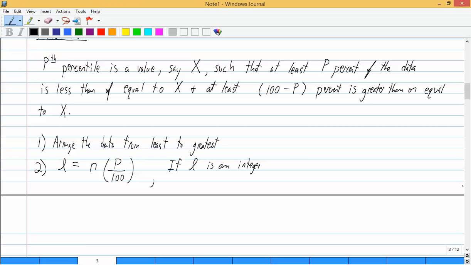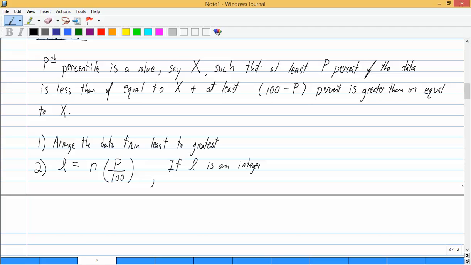For example, if L was 5, we would go to the 5th data item, take that data item and the next data item and find the average of the two. That would give us the Pth percentile.